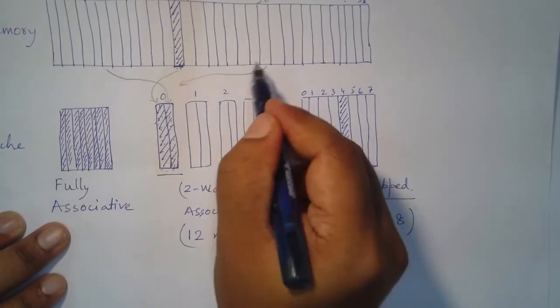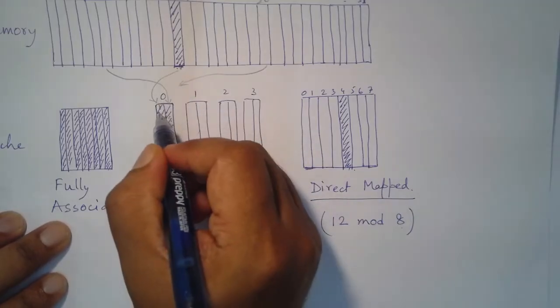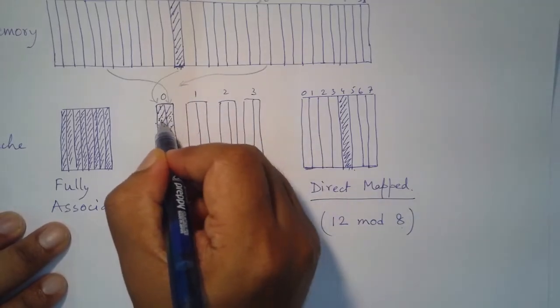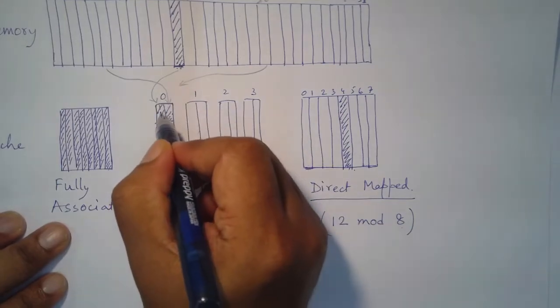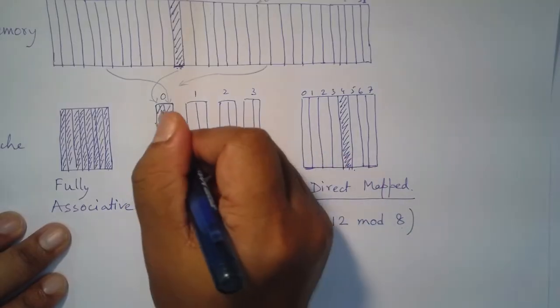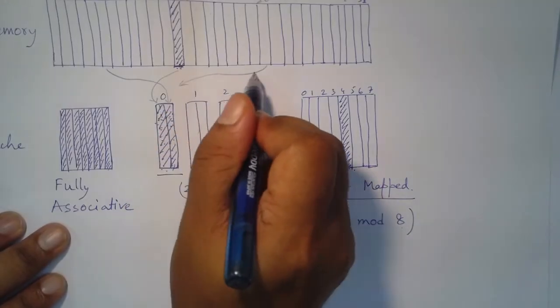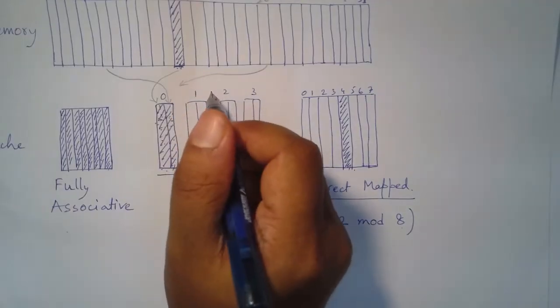Now, whenever I need to bring in block number 20, I will apply first in first out. Which one among these two blocks was brought in first? Block number 12 was brought in first, so it should go out first. So, I will replace block number 12 with block number 20.